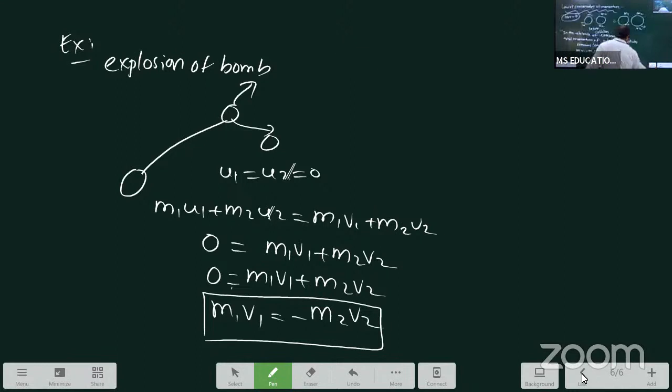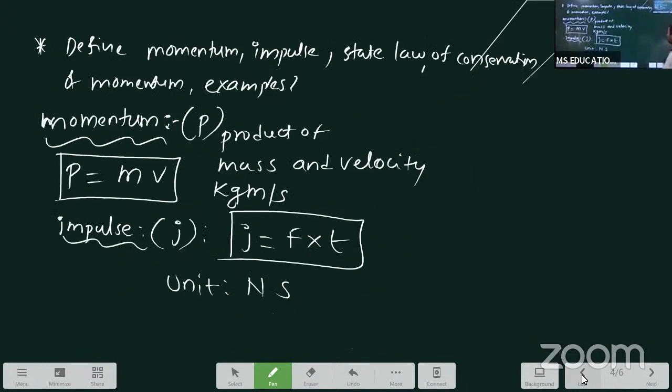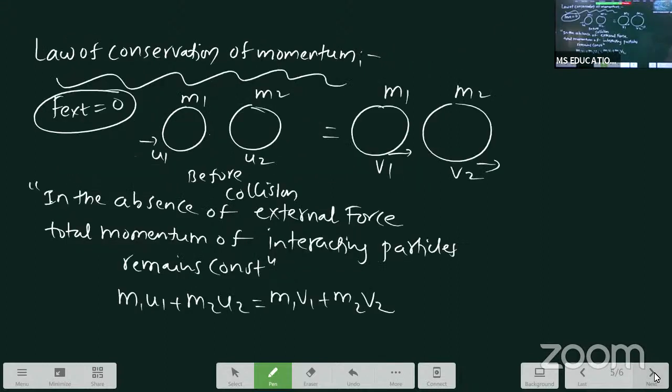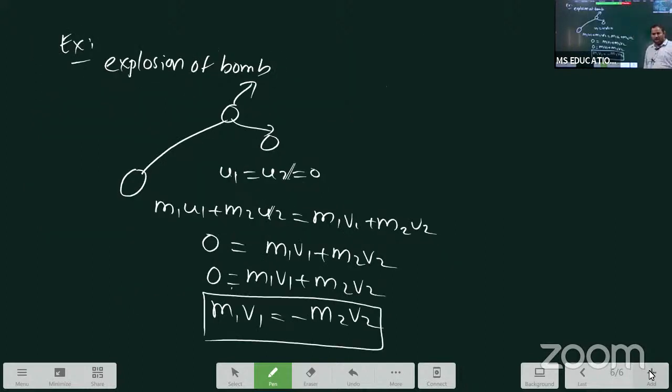Overall, 4 points here. Define momentum: product of mass into velocity. Impulse: product of force into time. Next, law of conservation of momentum: in the absence of external force, total momentum is constant. Example: explosion of bomb.